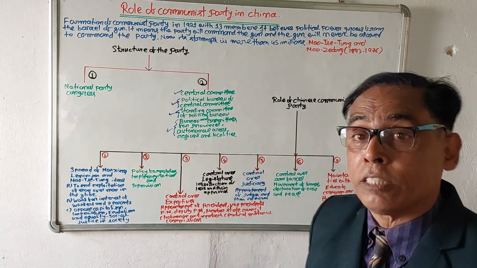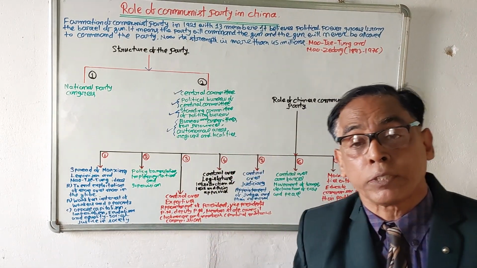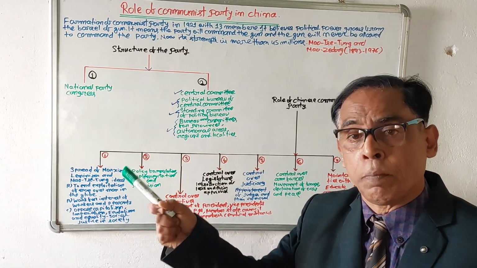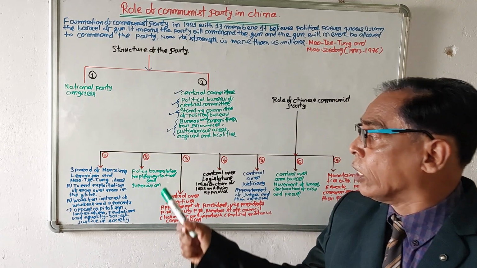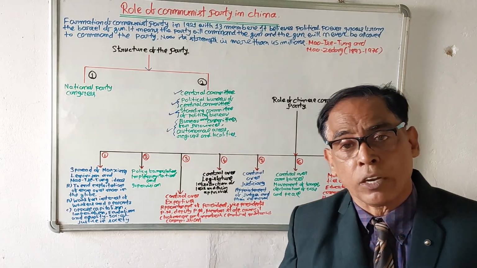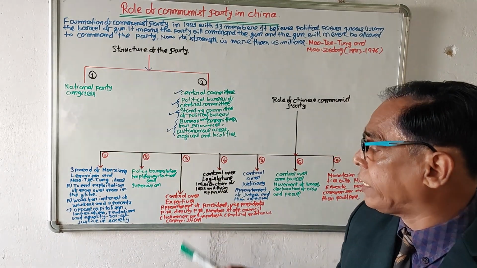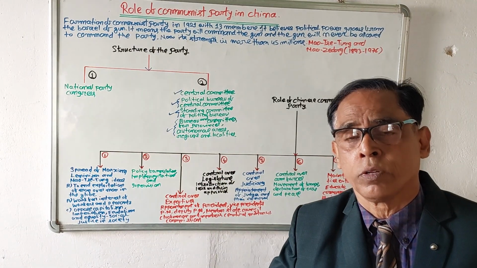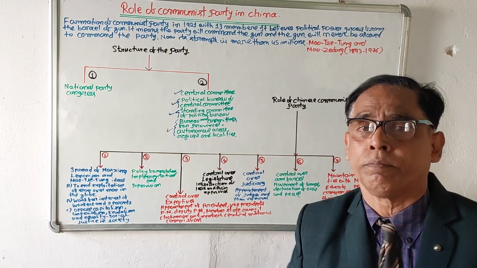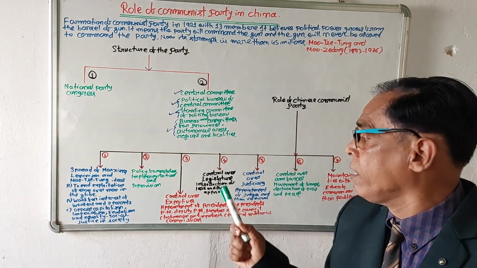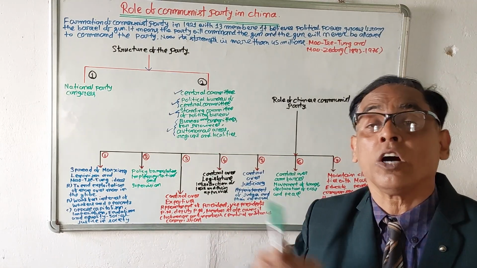Then we have discussed as many as 7 important functions of the Chinese Communist Party. One is to spread the ideology of Karl Marx, Lenin and Mao Zedong in China. Number 2, it plays a very vital role in policy formulation, policy implementation and supervision. Number 3, it has full hold in the appointment and removal of high dignitaries of the country. Then it has full hold of the legislature.